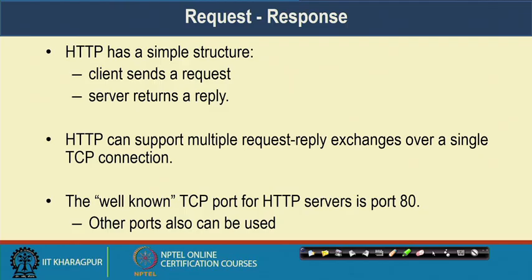So, if we come back to what happens when we type into the browser, say www.iitkgp.ac.in or say nptel.iitm.ac.in or nptel.iitkgp.ac.in, what the browser or the client does at the underlying level is this: because this is a name, and a name cannot be communicated, first of all the name is converted to an IP address, right, and as you do not specify anything, by default it will take port 80 as the port, right.